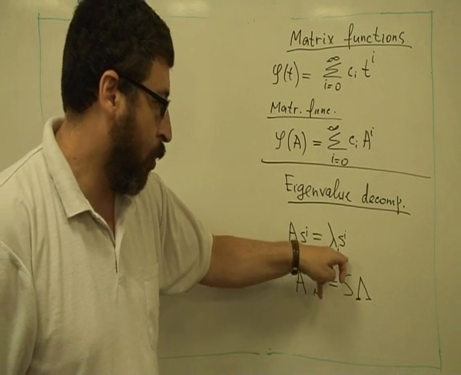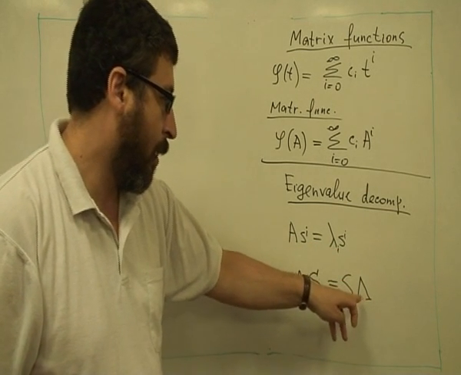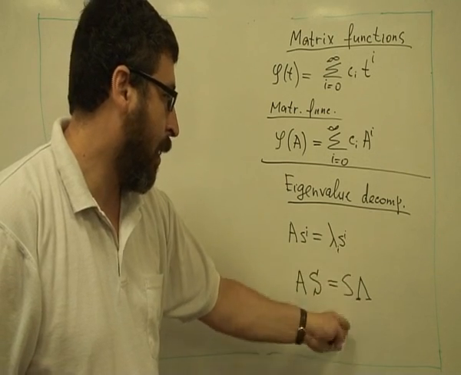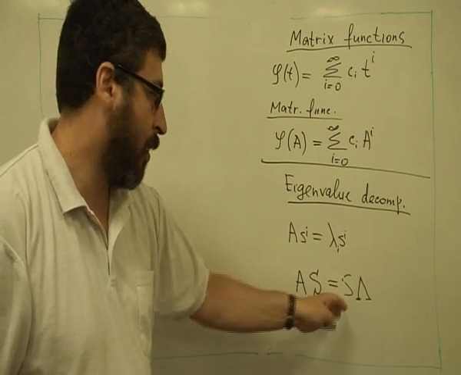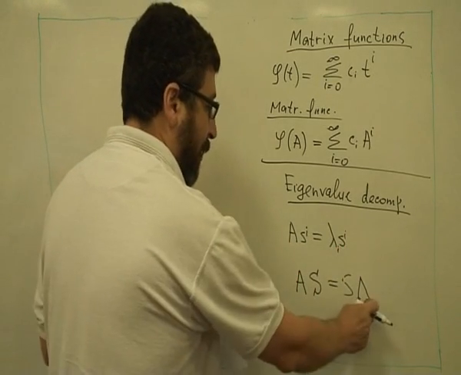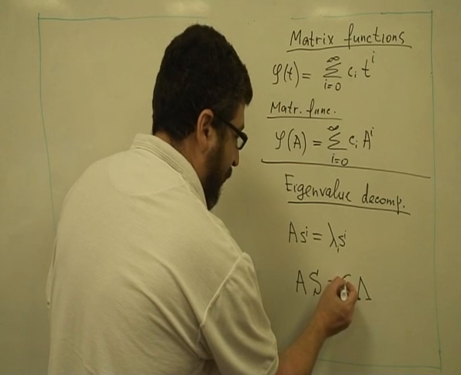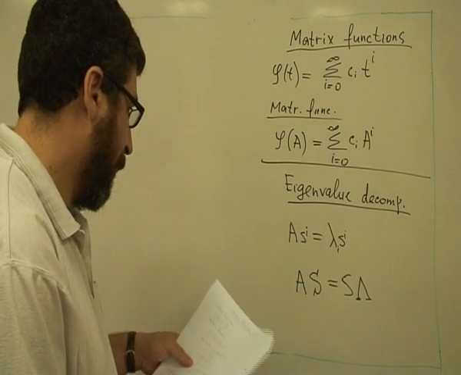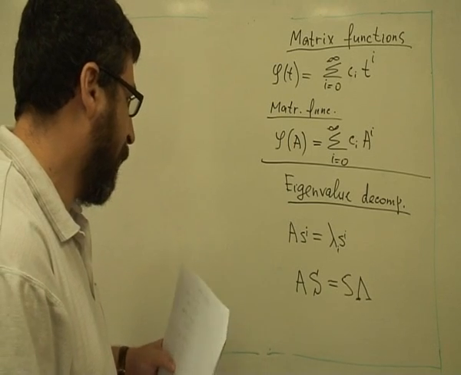So I put the eigenvalues lambda_i on the diagonal and put S_i as columns of the matrix S. To say this is the same as to say this, and I suggest you check it. Okay, AS equals S lambda.